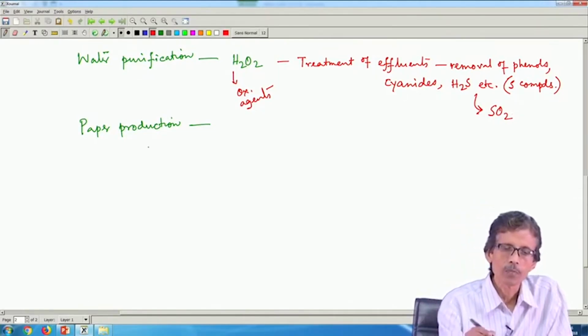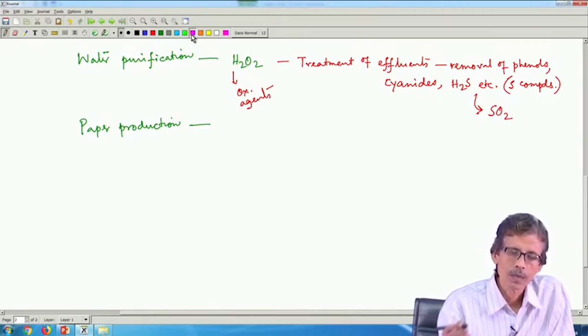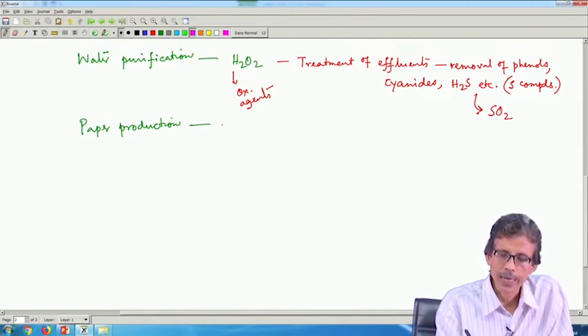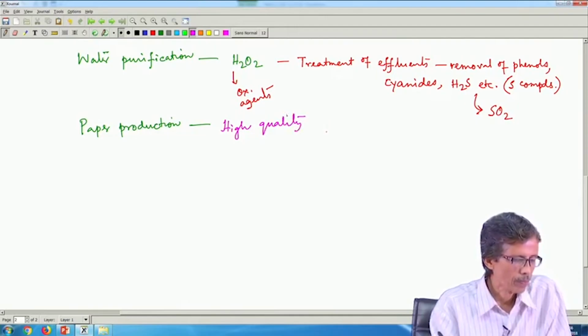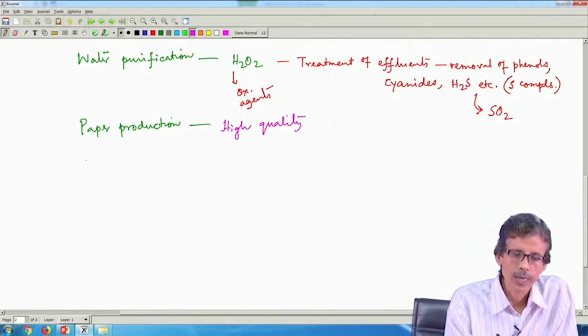And during the production of paper, we can achieve this for making high quality paper production.